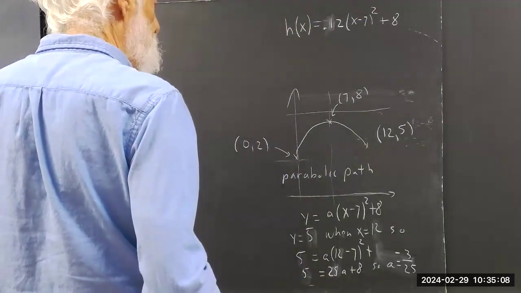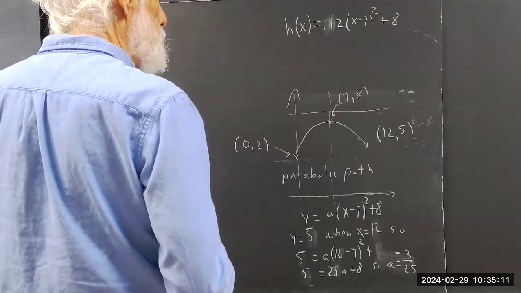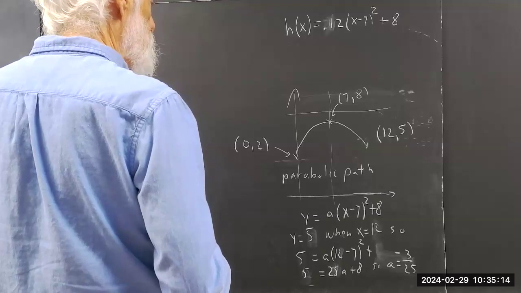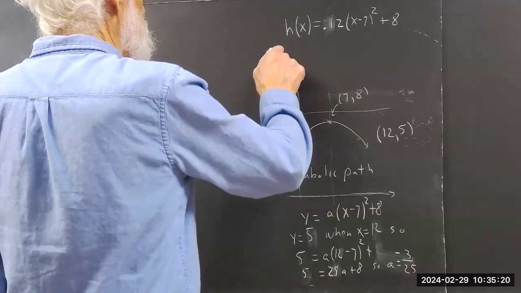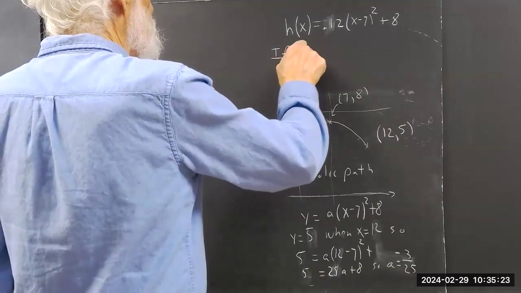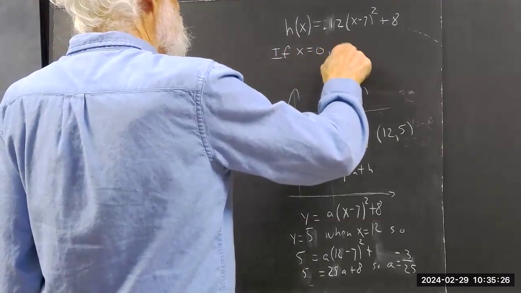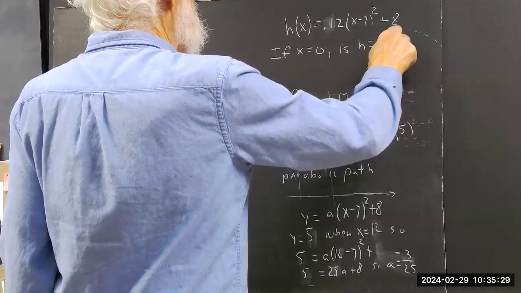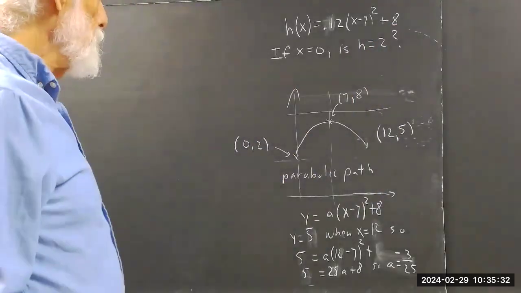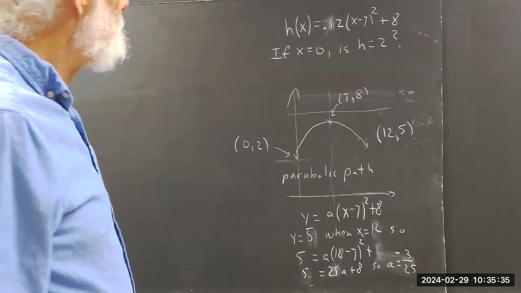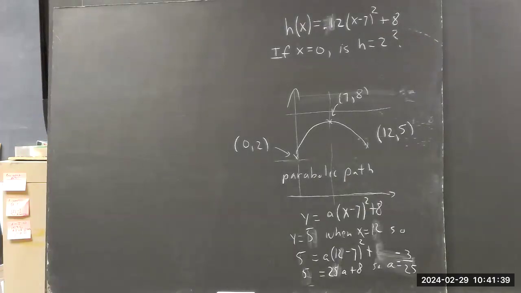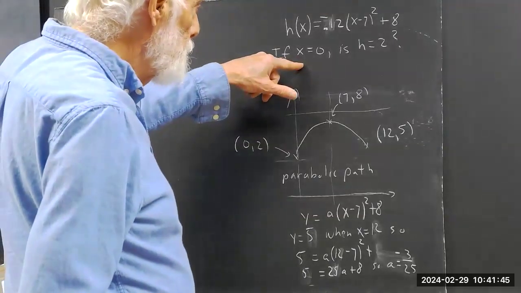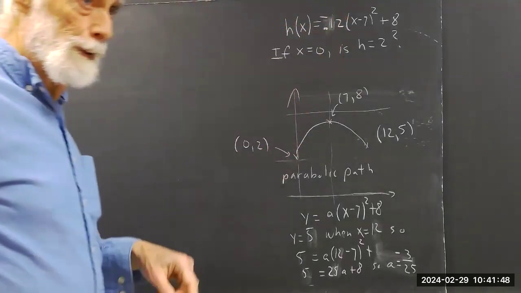Now, if x equals 0, is h really equal to 2 like I said it was? Go ahead and check that out. If x equals 0, then you're going to substitute 0 for x here.